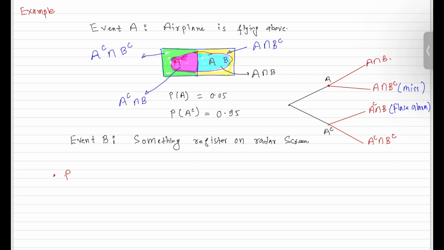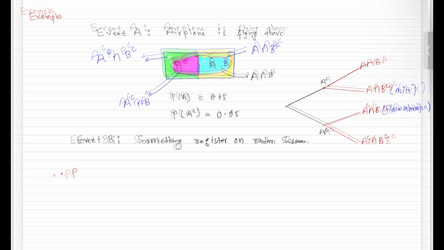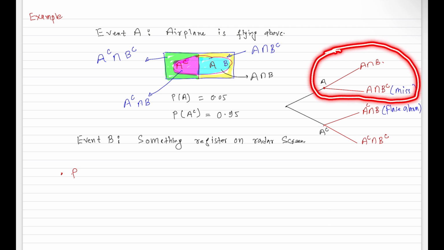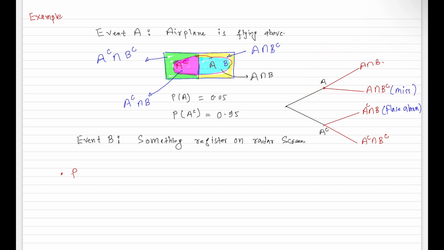So let's say event A has occurred. So if event A has occurred, that means we are left with these two possibilities, right? Or we can also say that we are living in this world, right?